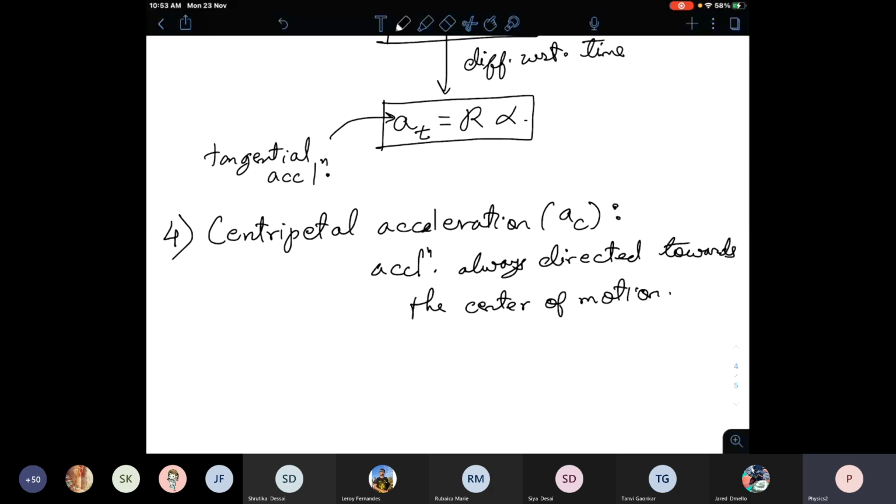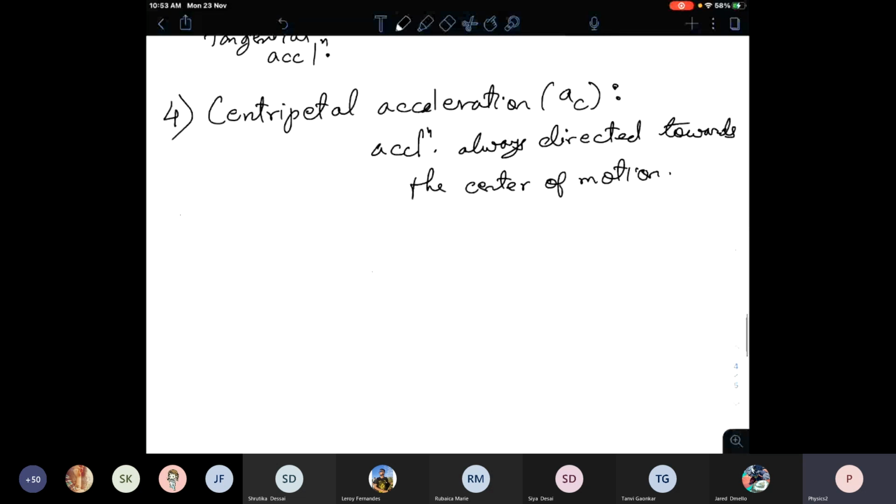Suppose we have a circular motion like this, a particle is going in a path like this. It is over here at some instant, at another it is over here, here and here. In all these four locations, it will have some centripetal acceleration, which is directed towards the center.